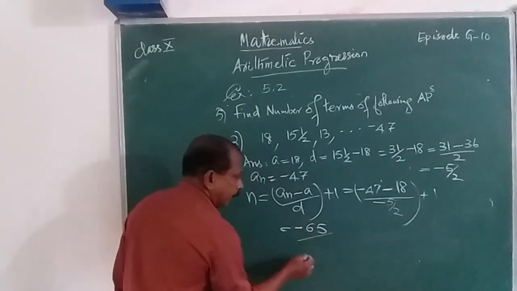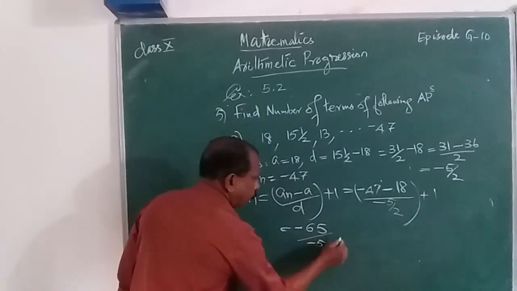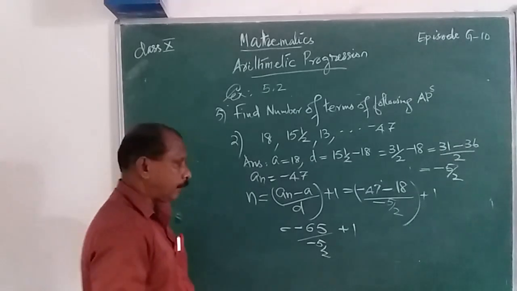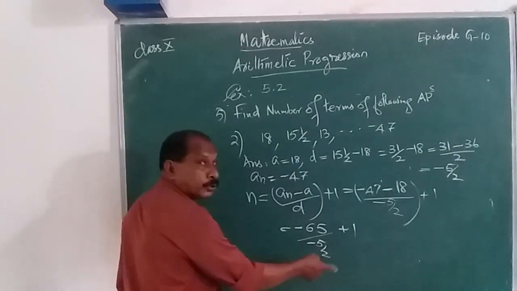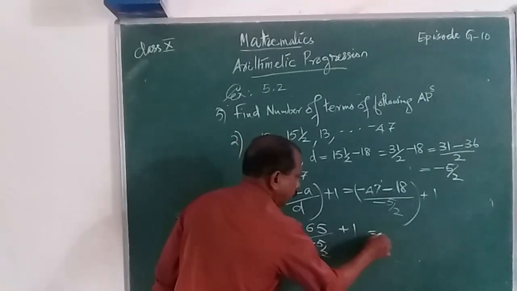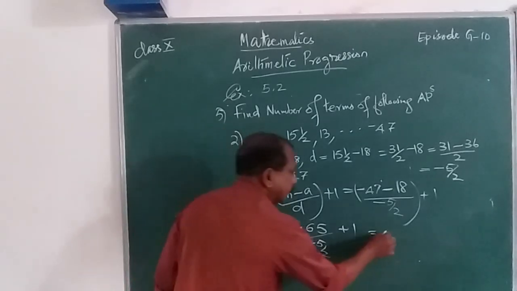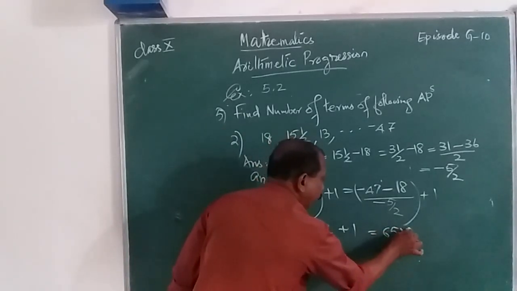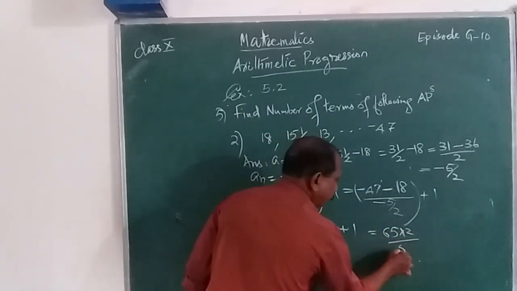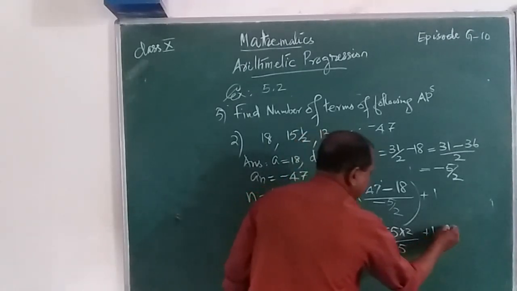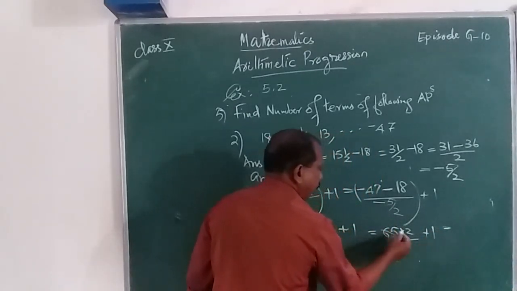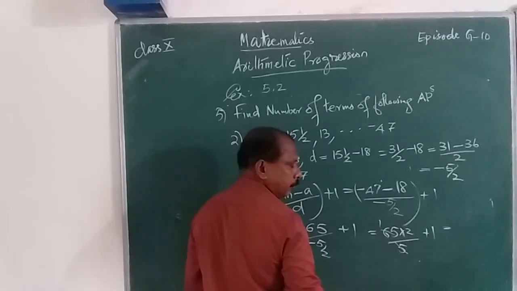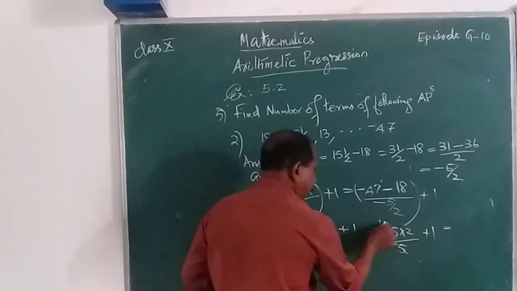Divide by that, that is minus 5 by 2, plus. Then that 2 goes to the numerator. Therefore minus by minus is plus. 65 into 2 divided by 5 plus 1. That is 5 and 65 cancels, we get 13.